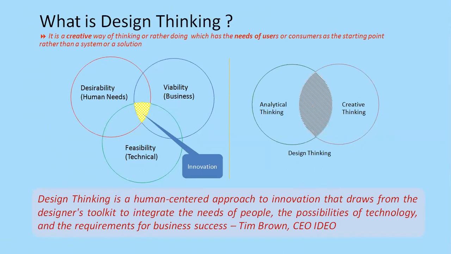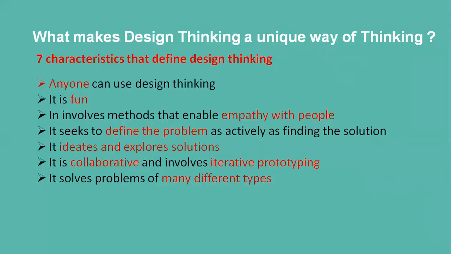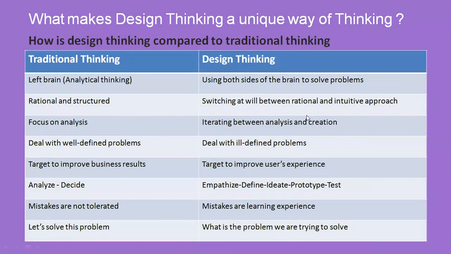To elaborate further on this definition, let's see some of the characteristics of design thinking which make it unique. Anybody can use it. It is creative and playful, at the same time people-centric, and iterative. It ideates and explores solutions. It is prototype-driven, and it is collaborative. And it is definitely different from the traditional way of thinking, as shown in the slide.